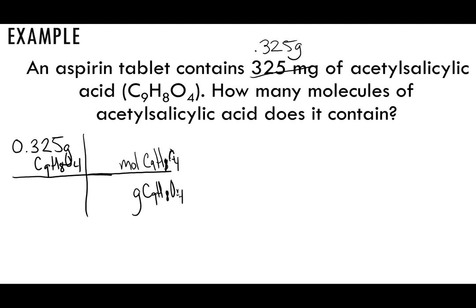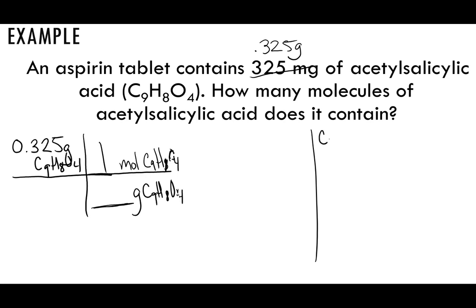For right now, when you're going between grams and moles, the number 1 will always go with moles. Now, where do I get this number for grams? Yeah, I have to go to the periodic table. I have to figure out the molecular mass for this guy.